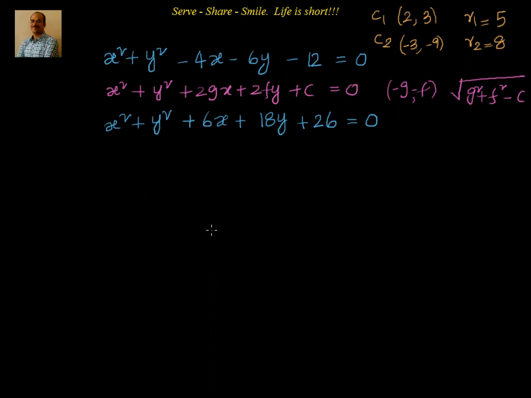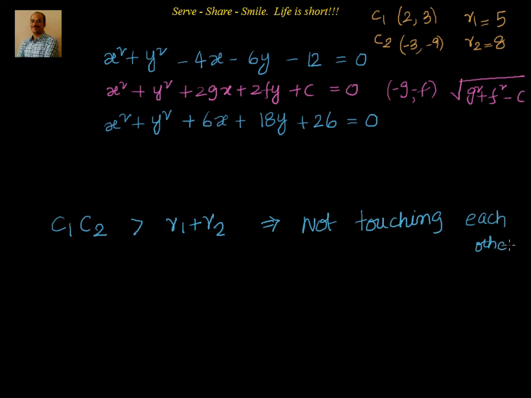Now let us look at the different scenarios for finding the number of common tangents. Let us say the distance between the centers is C1C2 and the radii are R1 and R2. If C1C2 is greater than R1 plus R2, what is the meaning of that? The distance between the centers of the two circles is greater than the sum of their radii. That means the circles are not touching or intersecting each other.